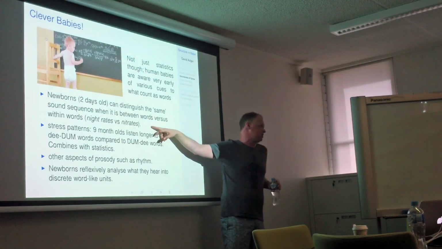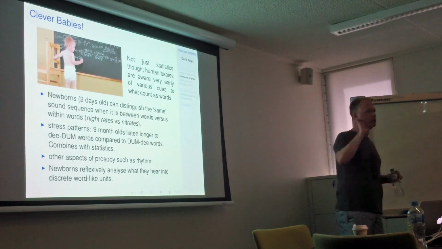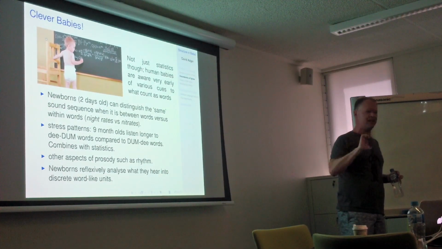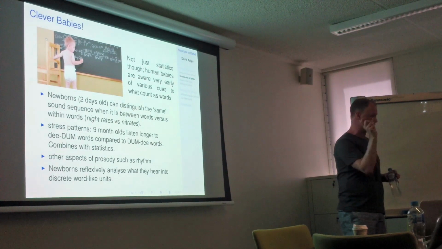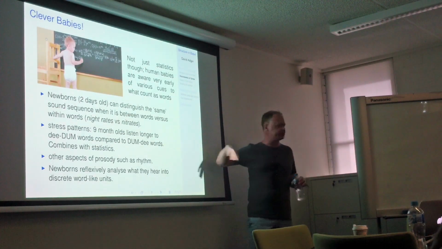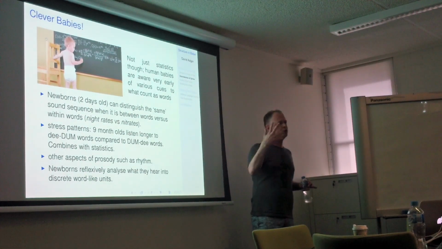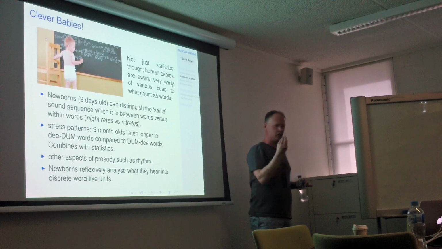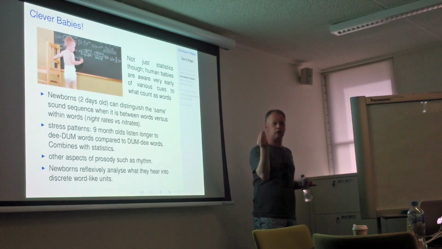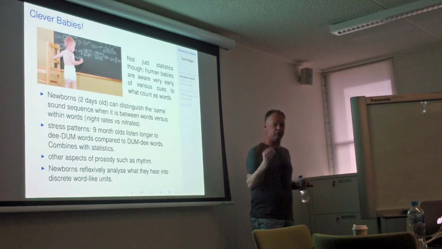But actually they're not the same. There are particular little phonotactic and phonetic properties that distinguish these things, and kids attend to this incredibly early on and are able to extract the discrete units. They also pay attention to stress patterns and various other kinds of things. So there's a lot going on in here, but it's all put to the service of the same thing as we saw in the phonological categorical perception experiments. They're all seeking discrete units.